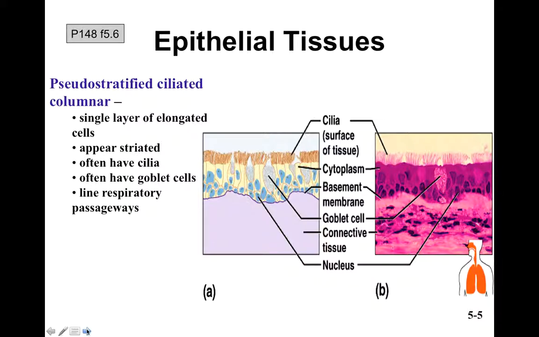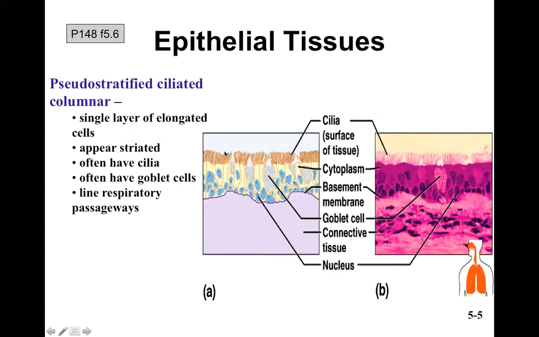Pseudostratified ciliated columnar cells, they look like they're more than one layer thick, but they're really not, because all of the cells reach the basement membrane. So that's generally what they look like. With the pseudostratified ciliated columnar, a lot of the cells that are on the basement membrane appear to be cuboidal, but you can see that these are all columnar cells.